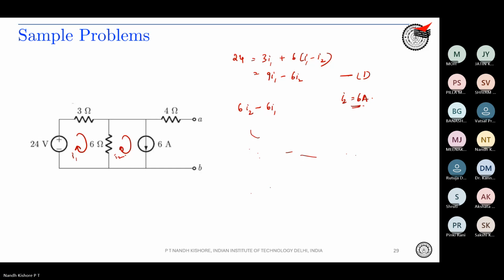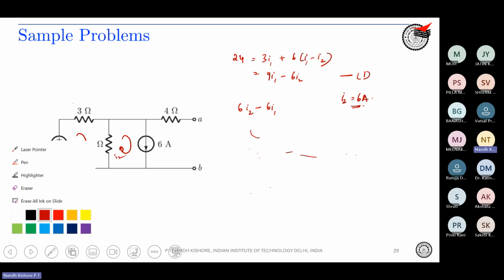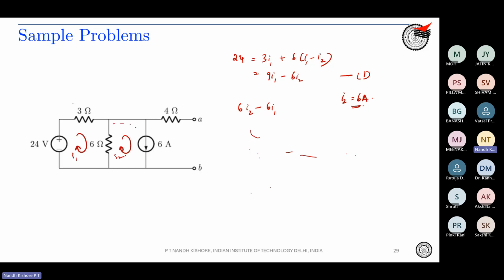You understand, right? See this loop. I2 is flowing like this. This is an open circuit, A and B are just open, so no current can flow through this. I2 is coming here, it cannot flow through this, so it has to flow like this, through the 6 ampere source, which means that I2 is the same as 6 ampere.